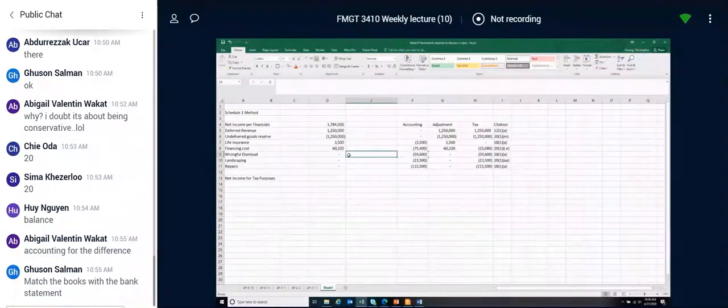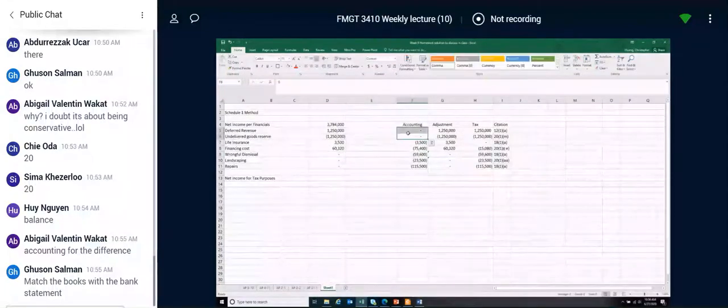Okay, so you have to reconcile the two. And so you have to remember when you're coming up with, well, what's your reconciling item? What's your difference? Okay, what you're always asking yourself is, what is accounting doing versus what is tax doing?